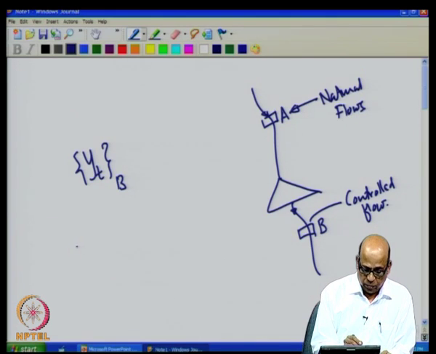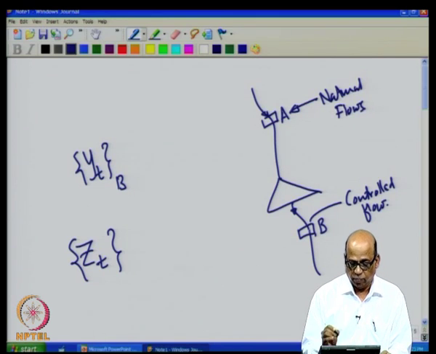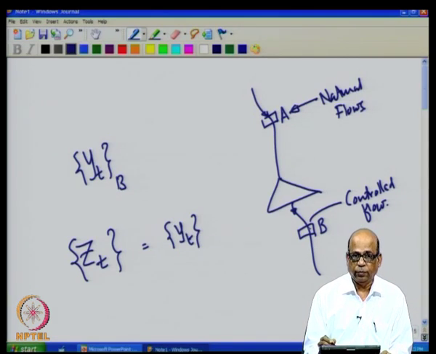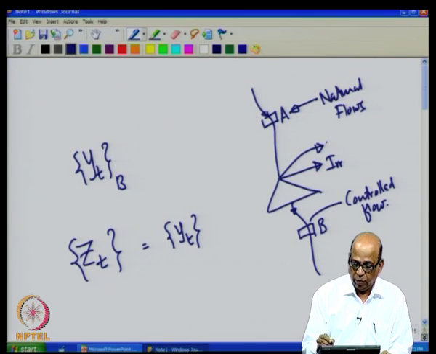What do we do for that? Let us say I write Z t, which is the naturalized flow, is equal to whatever we have observed y t, these are the observed flows. Now, upstream of this, there may be utilizations that have taken place. Let us say that you have put the water for irrigation, then there is also some water supply meant for municipal and industrial usage, and there are some losses that have taken place.